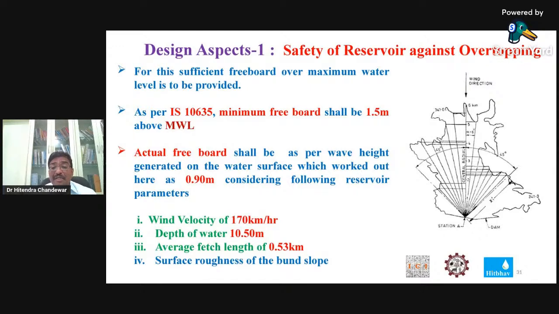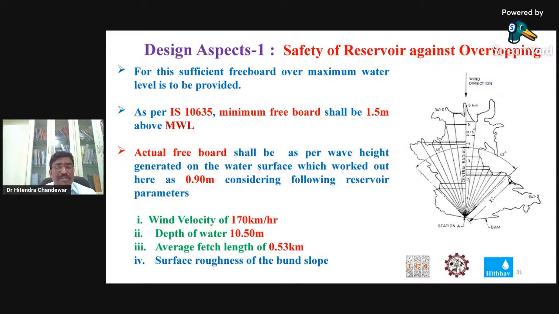Again, the wave height depends on the depth of water. The more the depth of water, the more the wave height. And the average fetch distance here in our case was 53 meter. The more the fetch distance, the more the wave height. You might have seen in the newspaper and on TV that during a cyclone and during monsoon, you will find in the Mumbai coastal area or Nariman Point a 3 or 4 meter wave height in the sea.